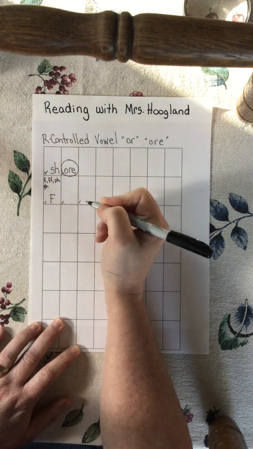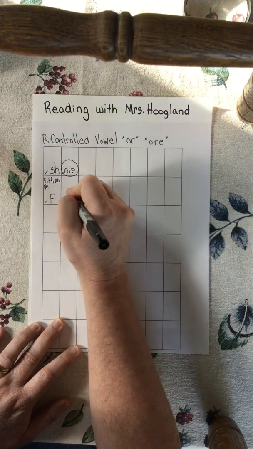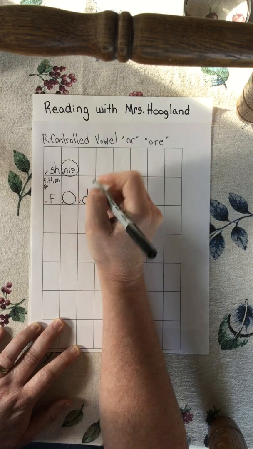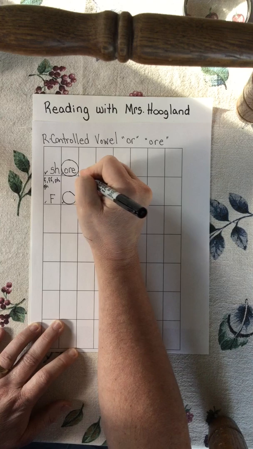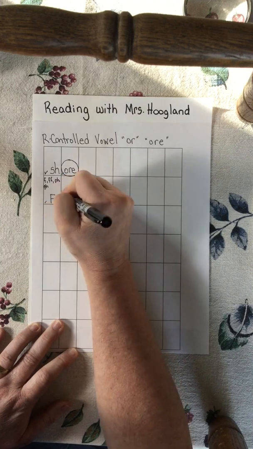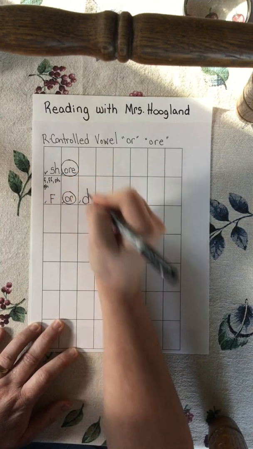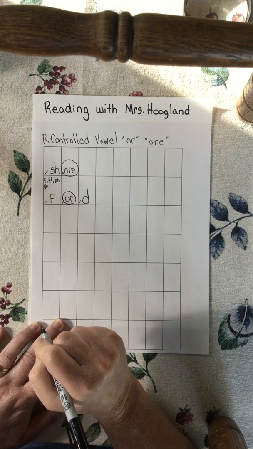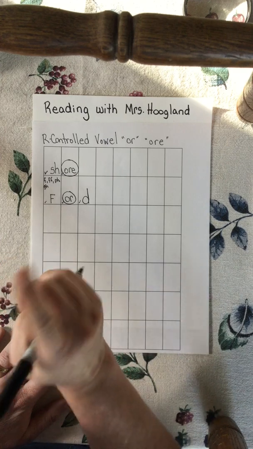Those are all the ways to make the F sound. Then or, and D. This one is actually going to be OR. For. Okay, Ford.